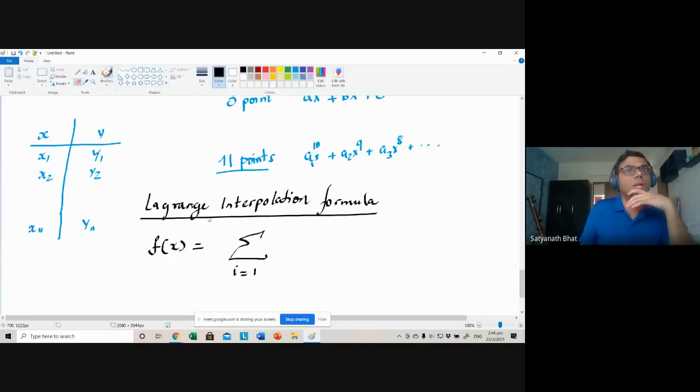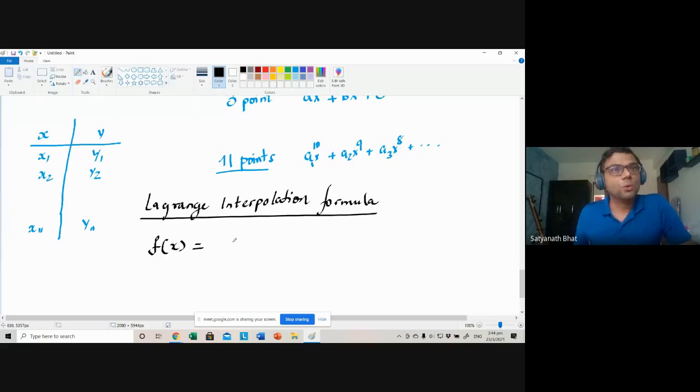So let me write all the 11 summations in one shot. Okay, so this is useful even in linear algebra. It will be useful for proving some very interesting theorems. But just for fun, let me just tell.